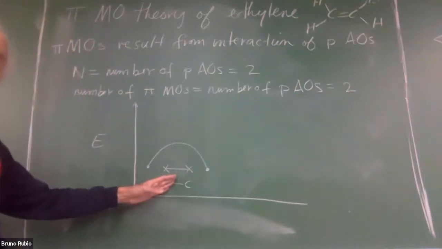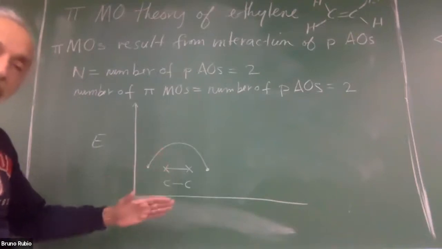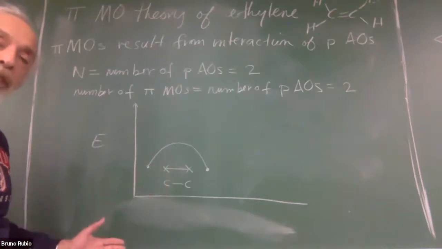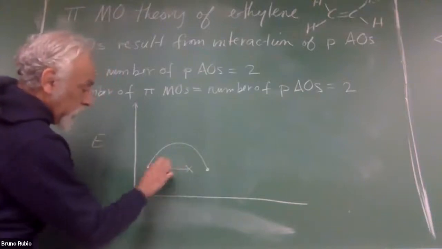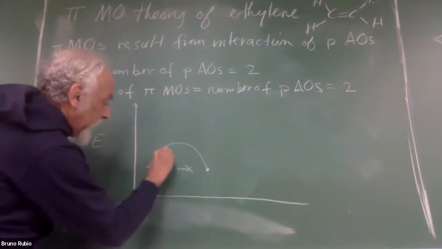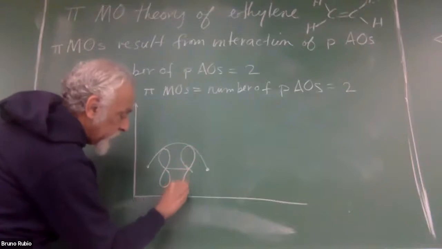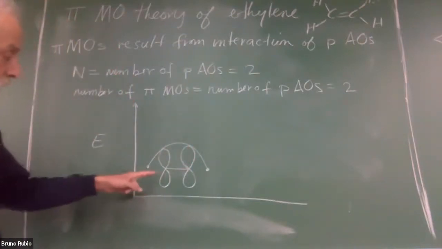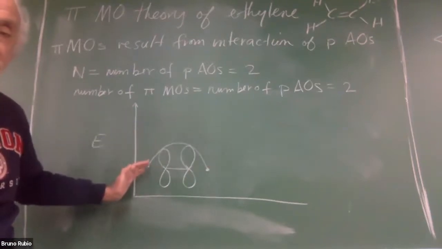So now we want to picture the p atomic orbitals that get together, interact to form the lowest energy pi molecular orbital. Okay, and so there's one of our carbon atoms. His p orbital looks like this. There's the other carbon atom. His p orbital looks like this. But this wave here is positive deflection.